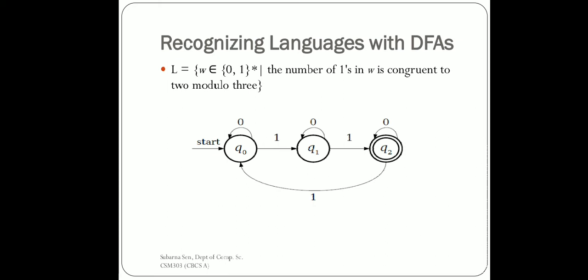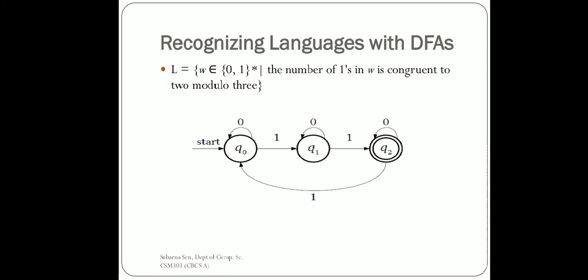So whatever the number of ones in the string we generate, if we divide that number of ones by 3, my remainder will be 2. So a string having 2 ones will be accepted.